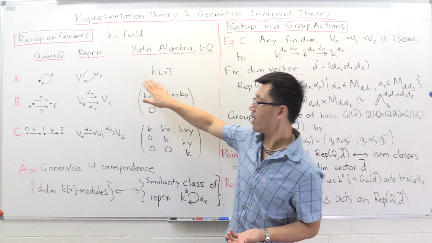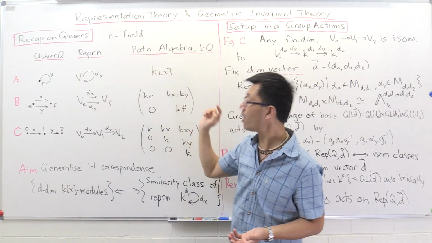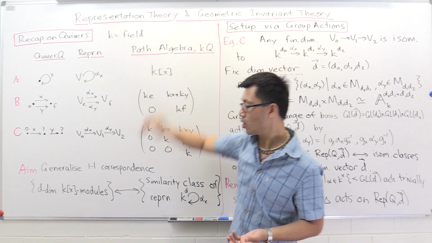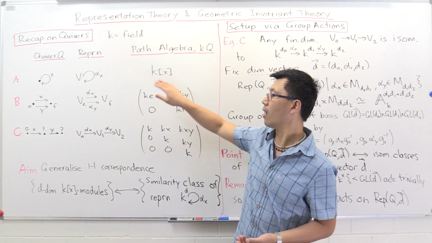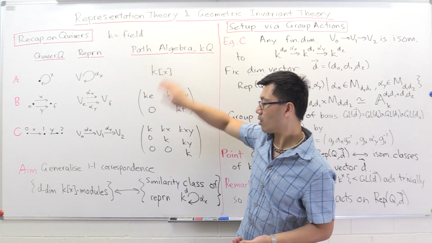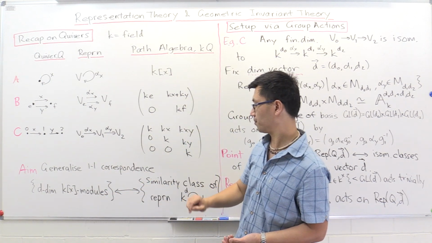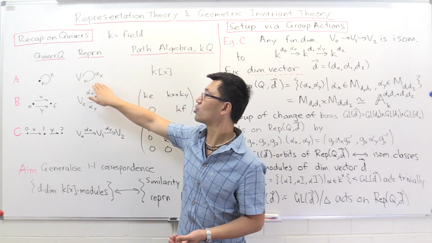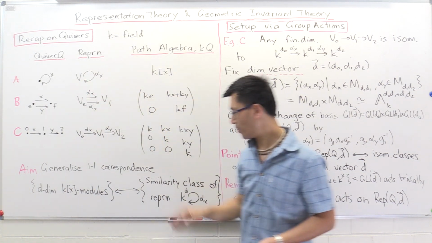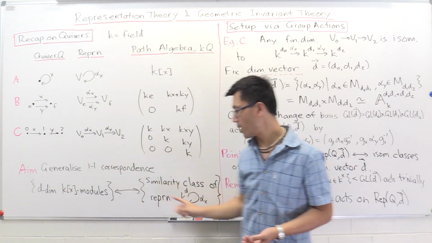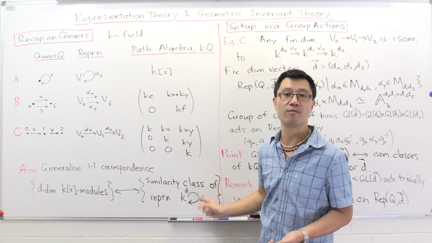So what I want to do here is to generalize the correspondence that I've just alluded to. In particular, if you look on this side, you look at k[x]-modules which are d-dimensional. Let's look at these up to isomorphism, so isomorphism classes of these. They correspond to objects like this, and up to isomorphism you can replace V with K to the D, corresponding to D-dimensional, and you look at similarity classes of representations of this form.